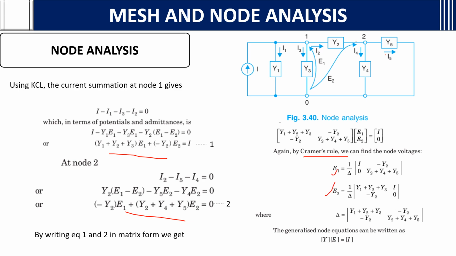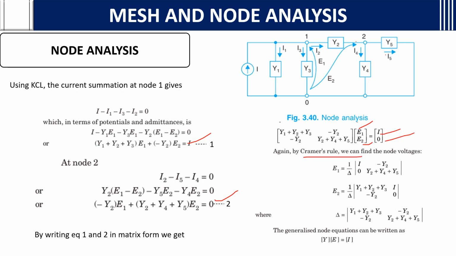For that, we'll write Y1 plus Y2 plus Y3 as the first entry, then minus Y2, then minus Y2, then Y2 plus Y4 plus Y5, in the form of a matrix. It is multiplied by E1 and E2, equals the right side, which is I and 0.